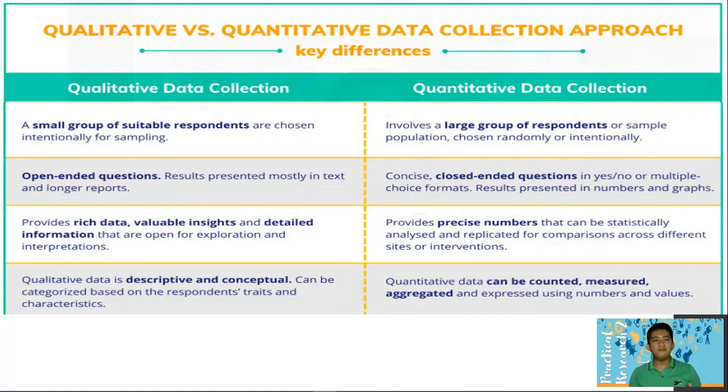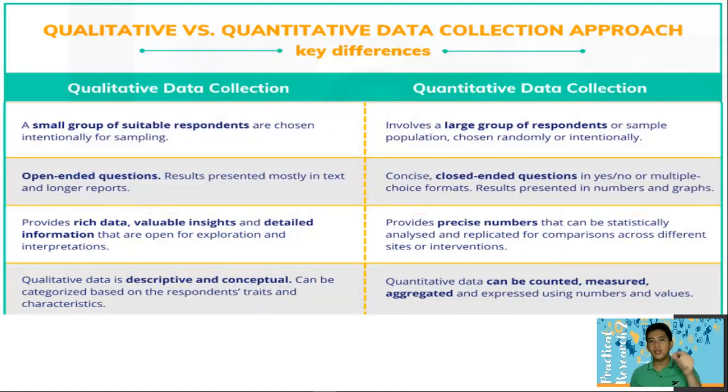Next, in qualitative research, there are open-ended questions. Results are presented mostly in text and longer reports. While in the quantitative, there are concise, closed-ended questions with yes or no or multiple choice formats. For example, how many times or how long do you watch YouTube?